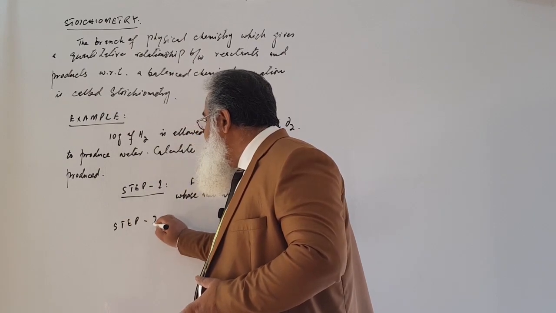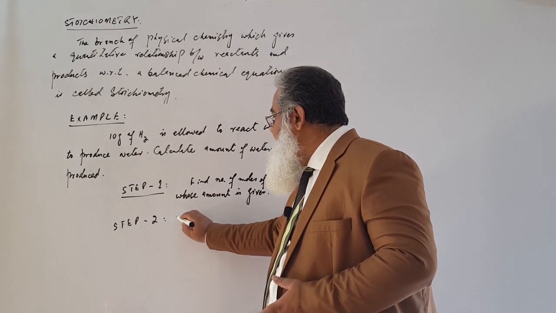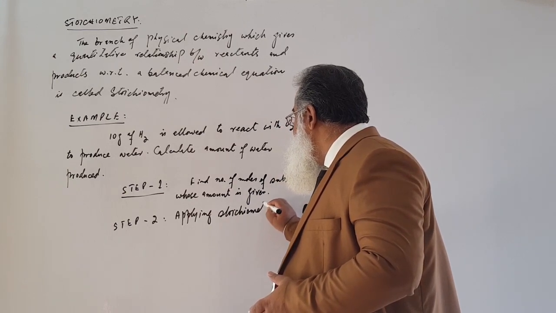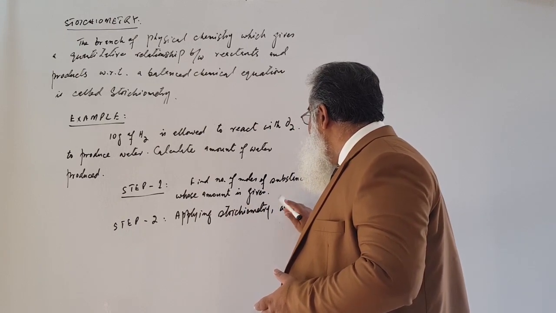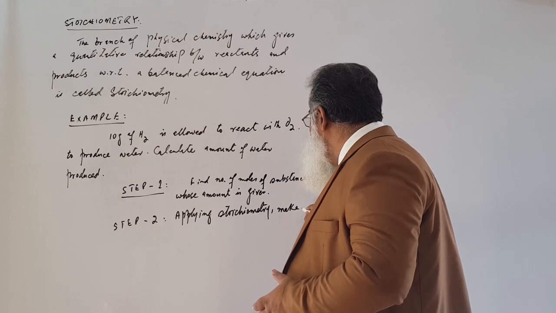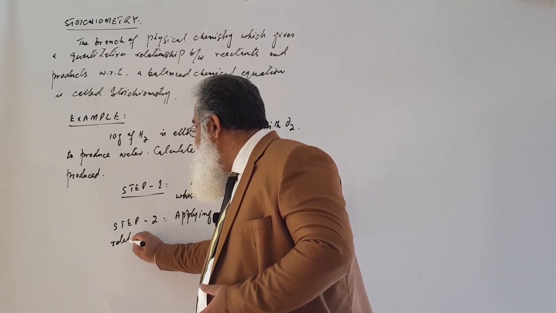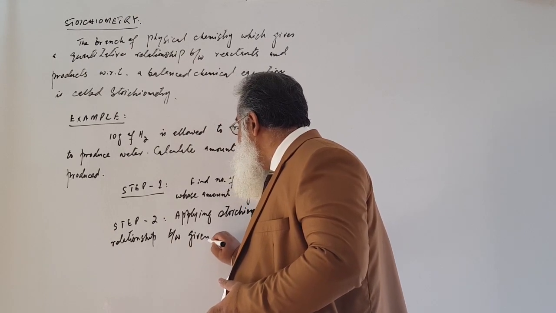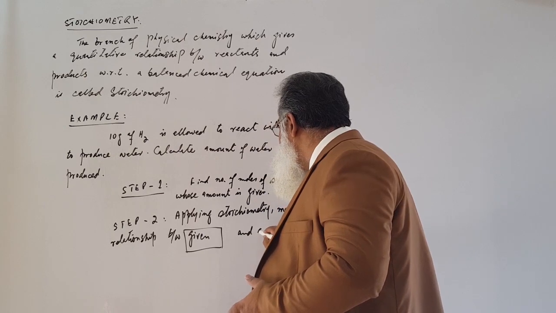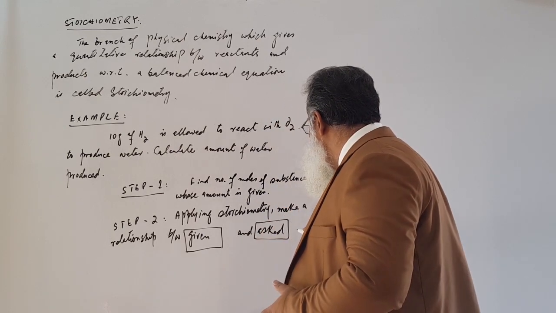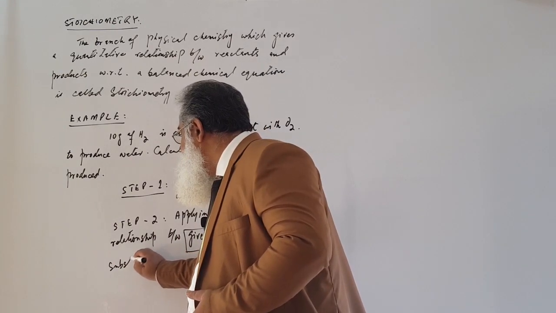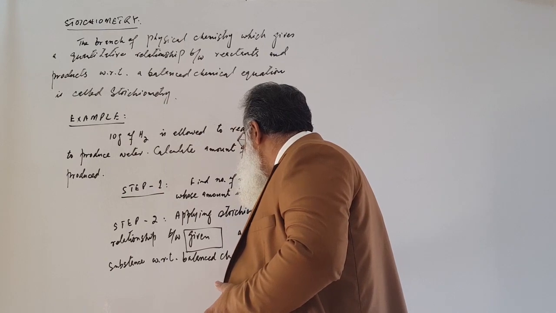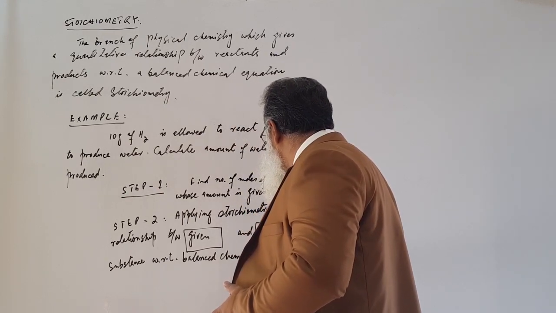Step 2 is to apply stoichiometry, that is, to make a relationship between the given and asked substance with respect to the balanced chemical equation.